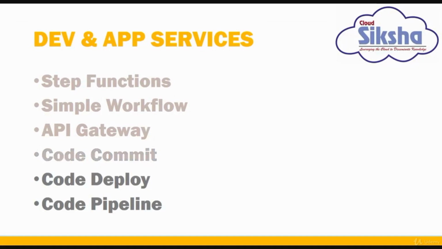Other than having a good source control, what a developer needs is also a good deployment system. Code deployments are tricky, they can be time consuming, and they can run into a lot of problems. So AWS CodeDeploy is a service which automates this deployment process.